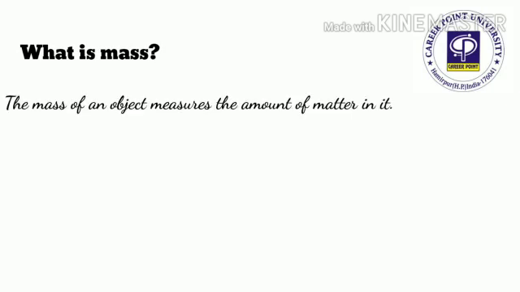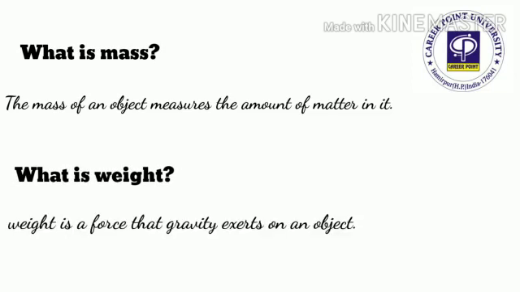Another thing is that here we are talking about two terms. The one is mass and another is weight. What is the difference between mass and weight? What is mass? The mass of an object measures the amount of matter in it, whereas weight is something which is related to mass.